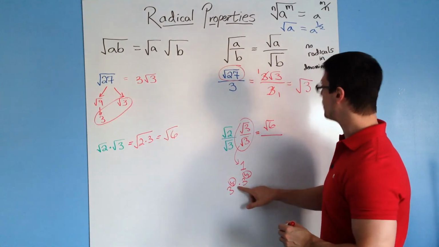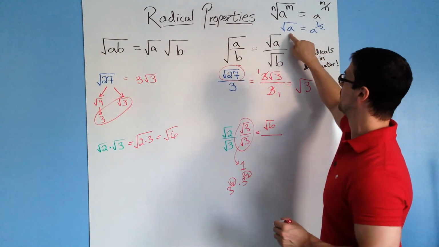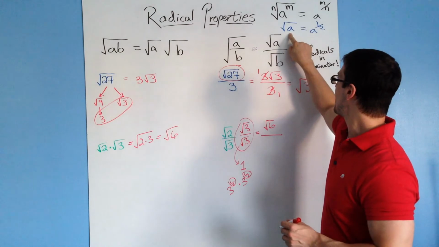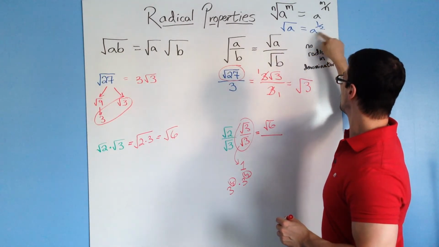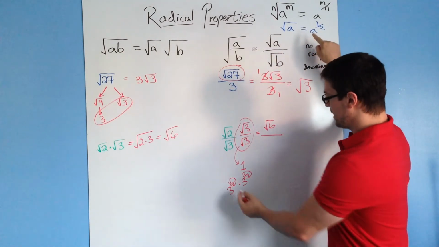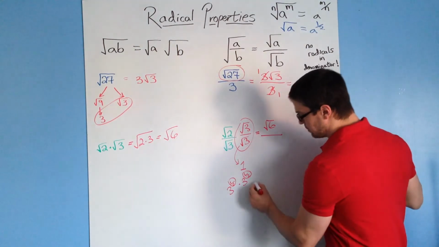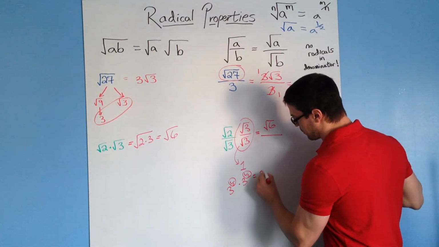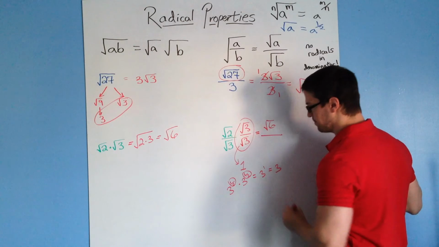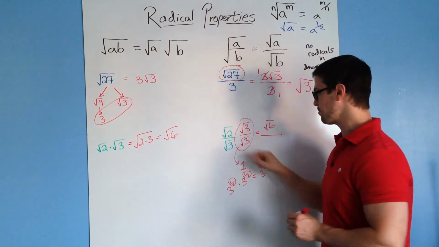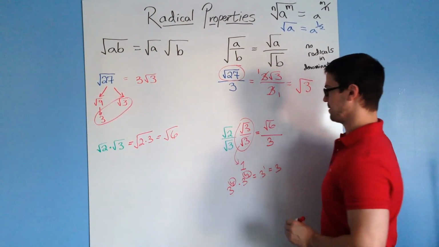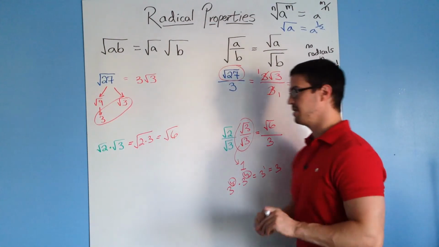We know it's 3 to the 1/2 power because of our property up here. Root 3 is like root a here, and it's equal to a to the 1/2, or here it's 3 to the 1/2. So what you end up doing is adding the half plus a half to get 3 to the 1 power, which is equal to 3. So root 3 times root 3 is 3. So you end up with root 6 over 3 simplified.